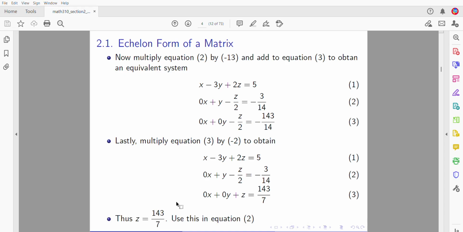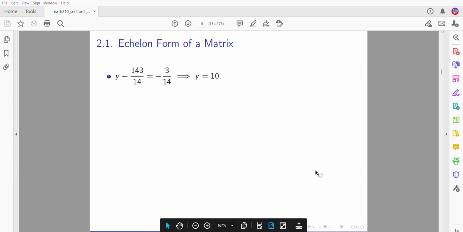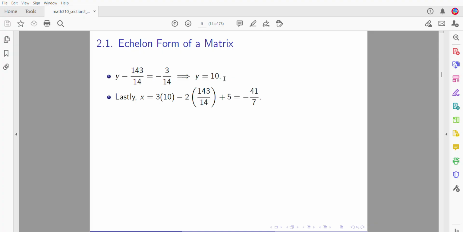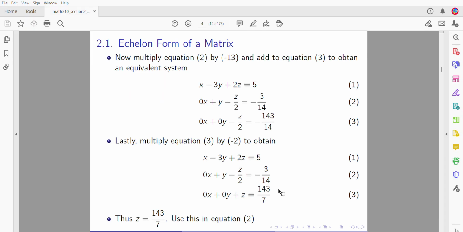You know z, you know y, you can find x. This is what working backward looks like. Take this z, place it here, find y. Once you have z and y, place those two values here to find x.